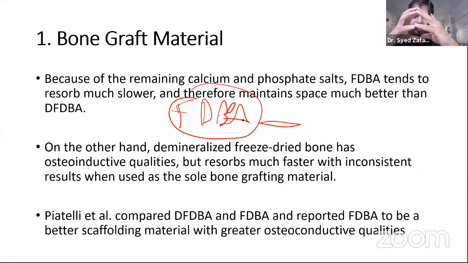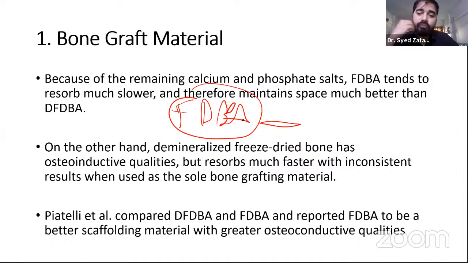If a bony material is resolving very slowly, then it can maintain a space for a much longer time. What is the benefit of this? If you have placed bone in the socket or in the implant site, it will maintain its space over the long term. Why is it important if resorption is delayed?